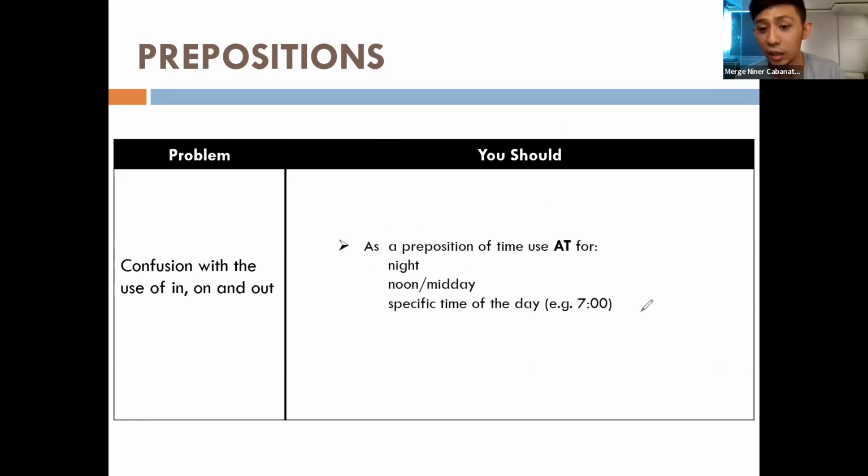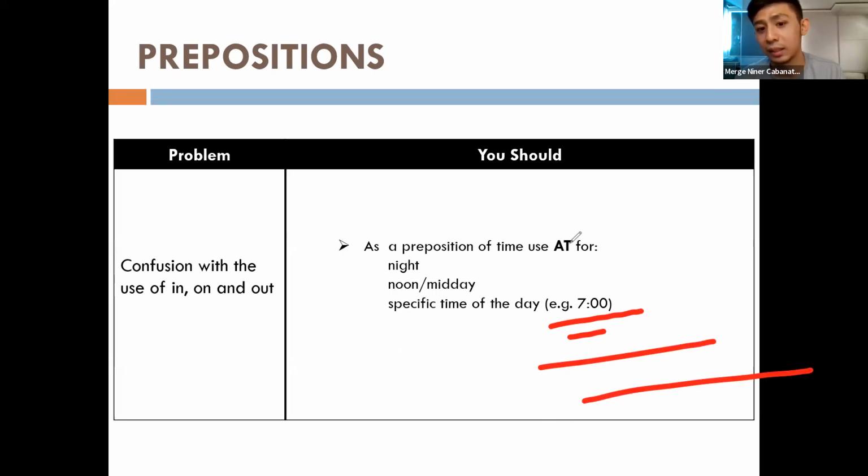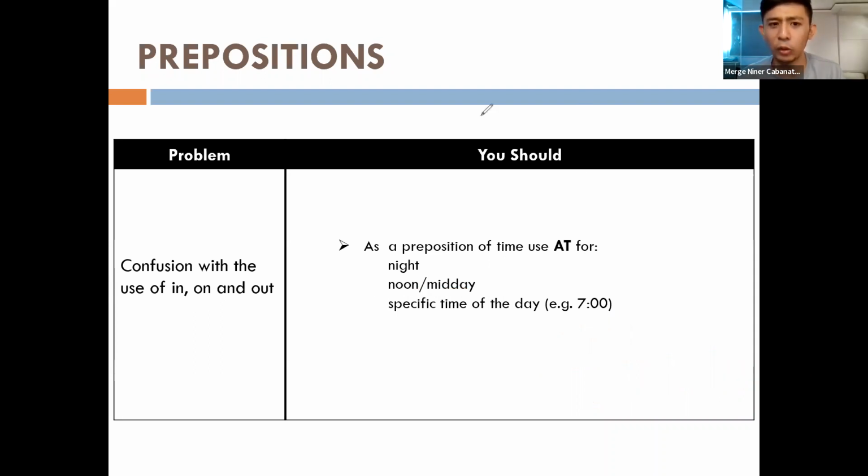At 7 o'clock, at noon, at midnight, at night, at midday. Sir, paano kung magkakasama? May oras, may date ka, tsaka may year. So, "at" pa rin yun. At 7 o'clock on the 27th of July in 1973. So, pagsasama-samahin mo siya. Alright, in, on, at, preposition.